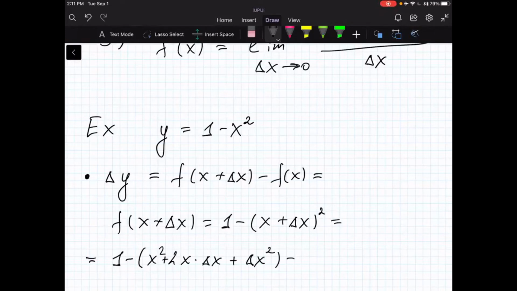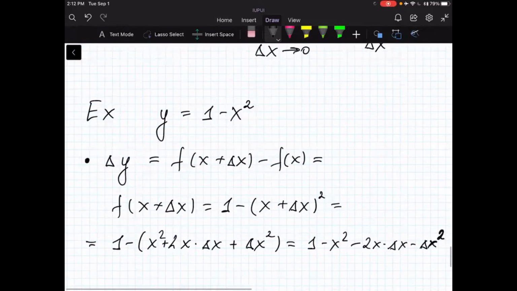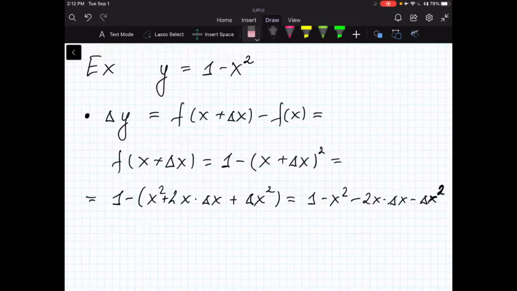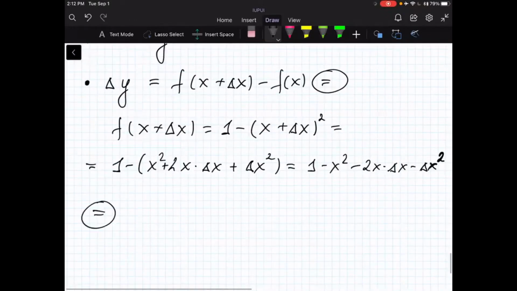And if I open the parentheses, I will get 1 minus x squared plus 2x times delta x, and my plus here should be minus, and minus delta x squared. And so my delta y will be 1 minus x squared minus 2x delta x minus delta x squared.